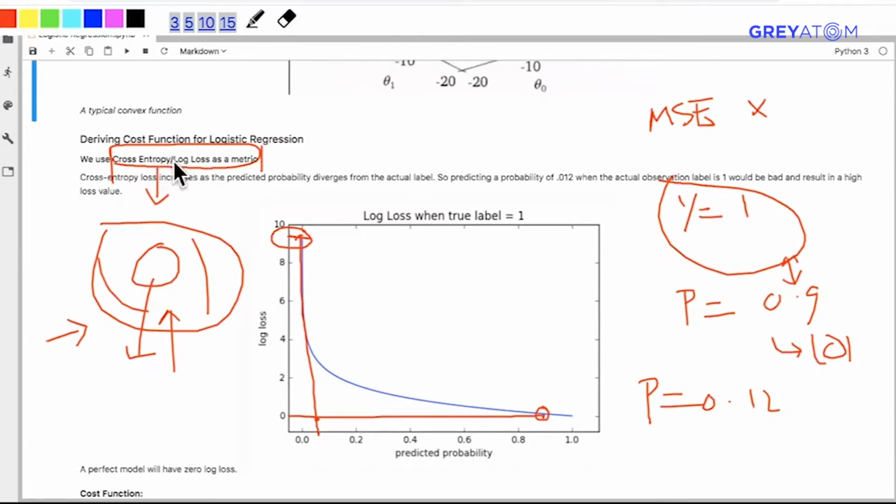It's just a metric for a cost. You can say that cost equals log loss or cross entropy. Did I answer all of your questions, guys? Ankur, not always at 0.5. Okay, let's just move forward then.